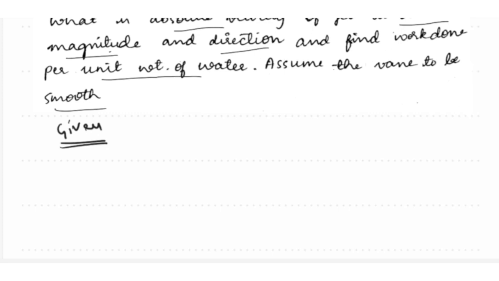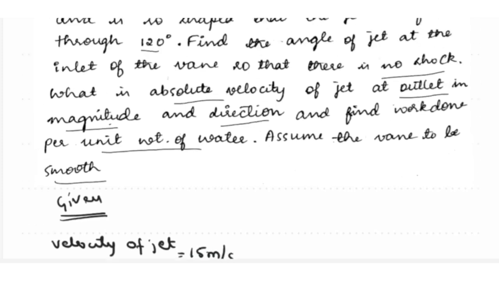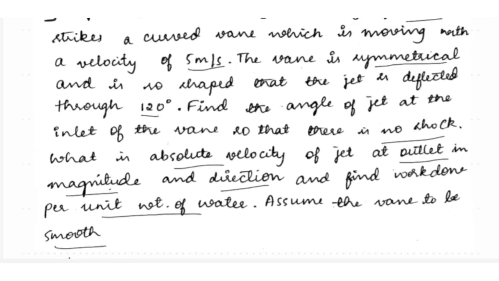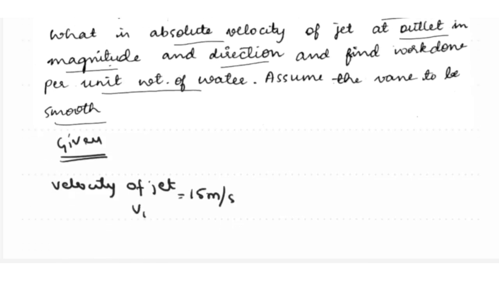So here velocity of jet is given, V1 is equal to 15 meter per second, that is given in the question. The vane and velocity of plate is given as 5 meter per second.